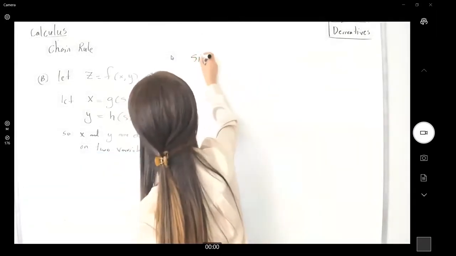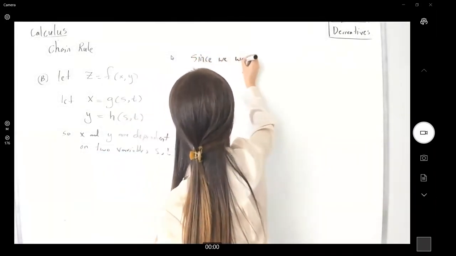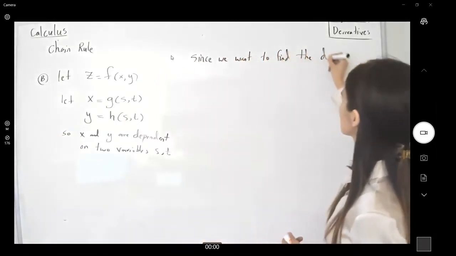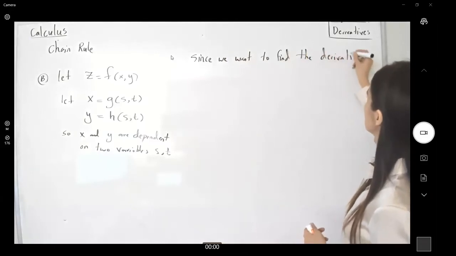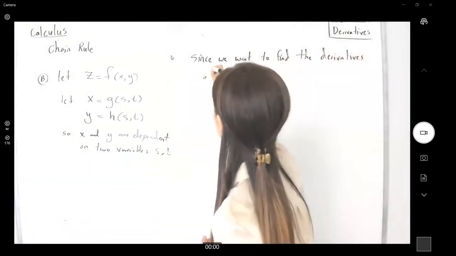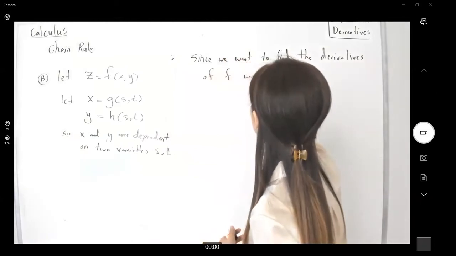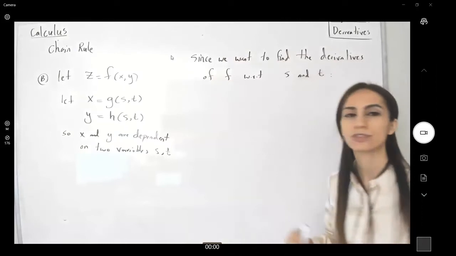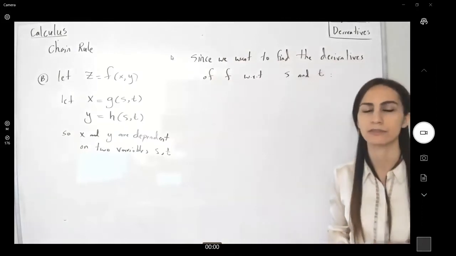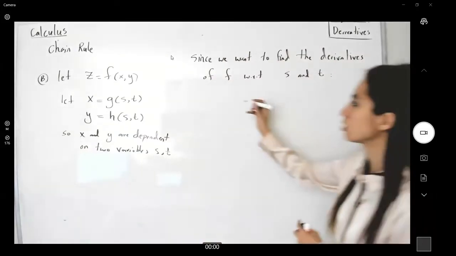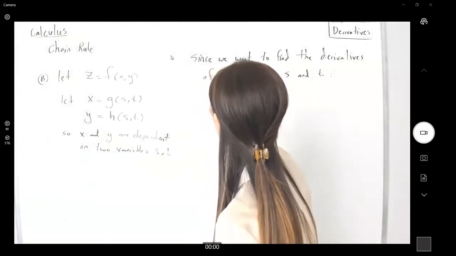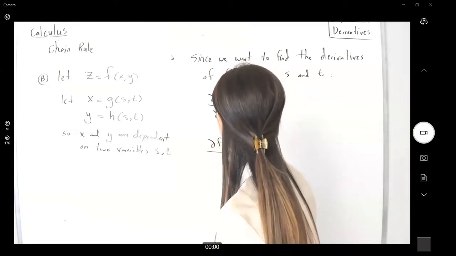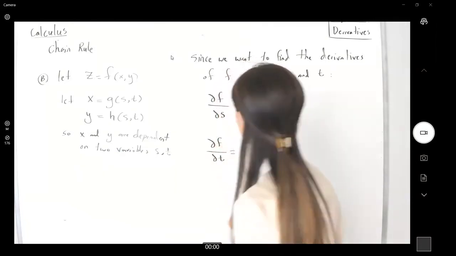Since we want to find the derivatives of f with respect to s and t, we have to take the partial derivatives of the function. So the partial derivative of f with respect to s and the partial derivative of f with respect to t.